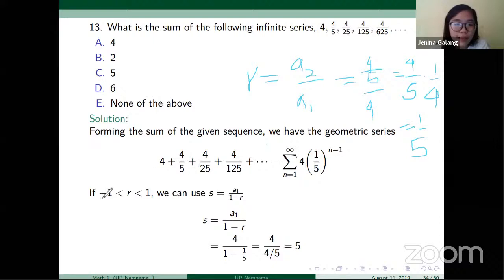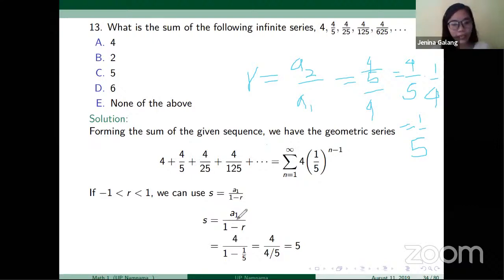And sabi niya, if R is between -1 to 1, we can use this formula for the sum of the geometric series. A sub 1, or the first term, over 1 minus R. Since yung common ratio natin is between these values, -1 to 1, then we can use this formula.